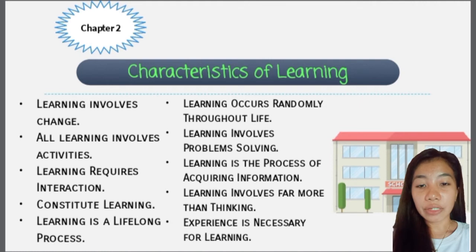Learning is the process of acquiring information. Learning involves far more than thinking. And lastly, experience is necessary for learning. So it is very understandable, and characteristics of learning has its big roles, and learning has its big impact in our daily life.